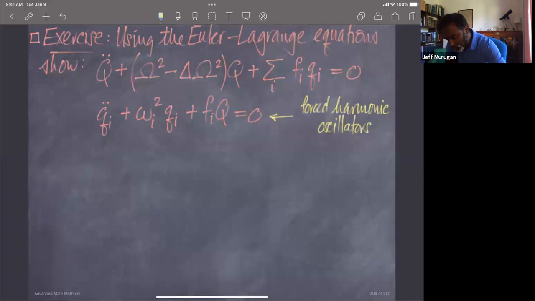So I can use what I know about the harmonic oscillator Green's function to write down a solution for the second set of equations.